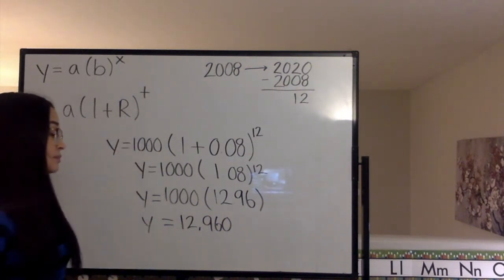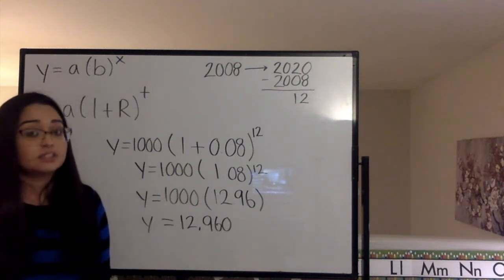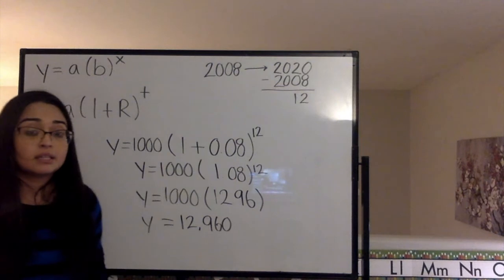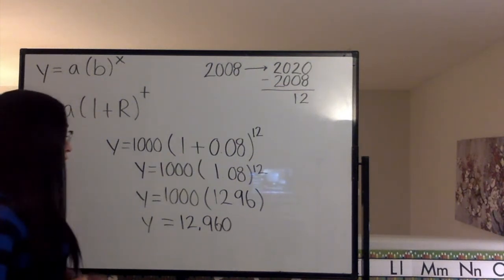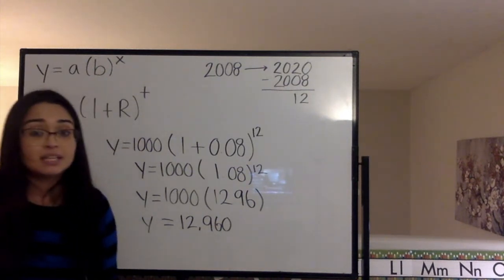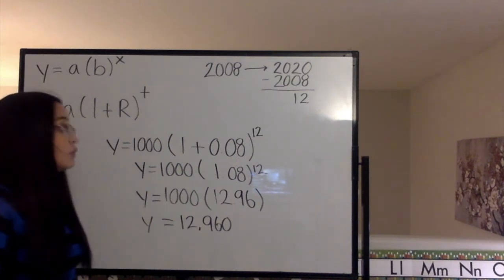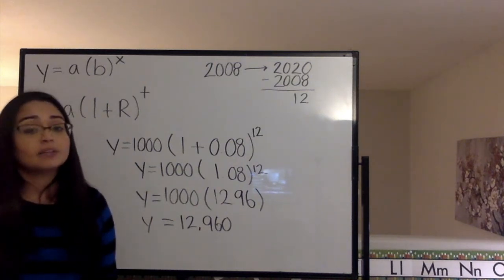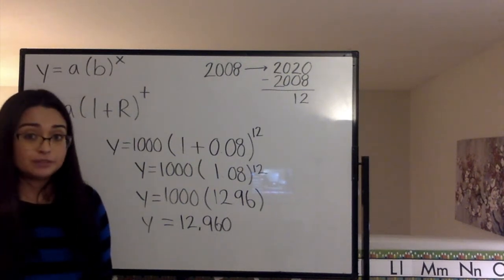So, in the year 2020, that island that started off with 1,000 bunnies will have a total of 12,960 bunnies at the rate of growth of 8% each year.